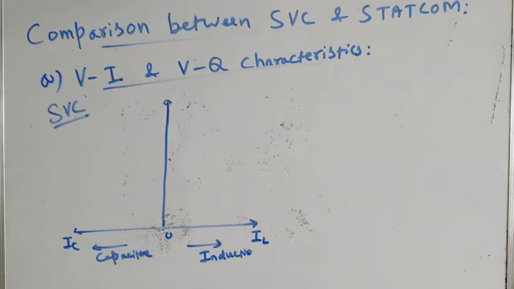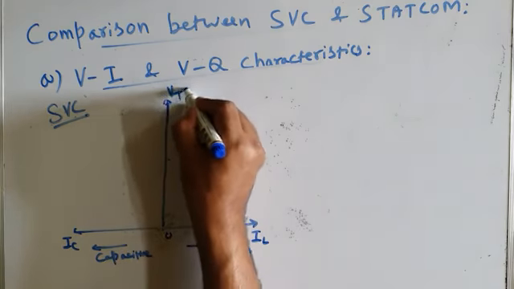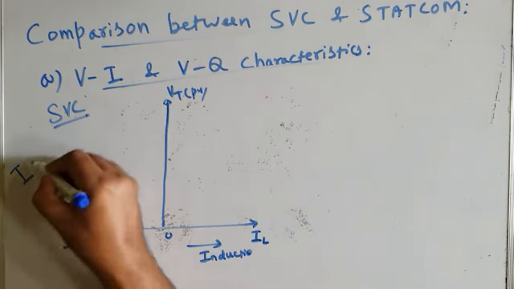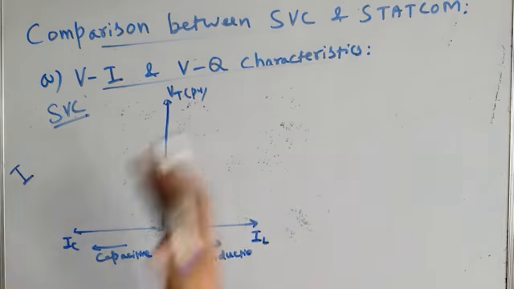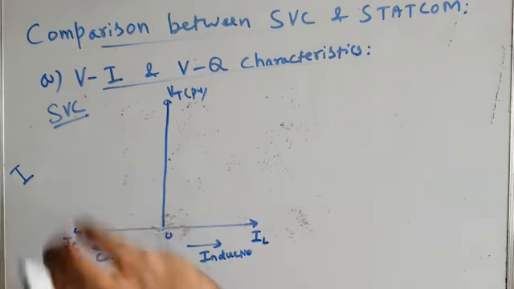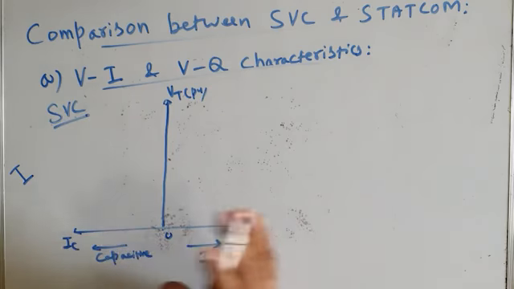It is generating reactive power, and this is the bus voltage Vt in per unit. In case of SVC, the current drawn by SVC is not independent of the terminal voltage. It linearly varies with terminal voltage. Just a few moments back you have seen the current drawn by a STATCOM is independent of the voltage.